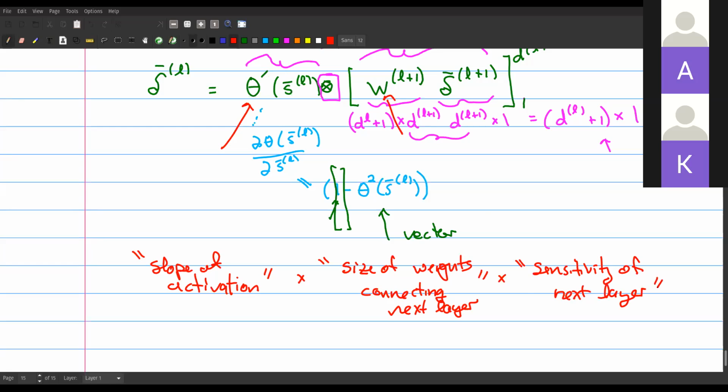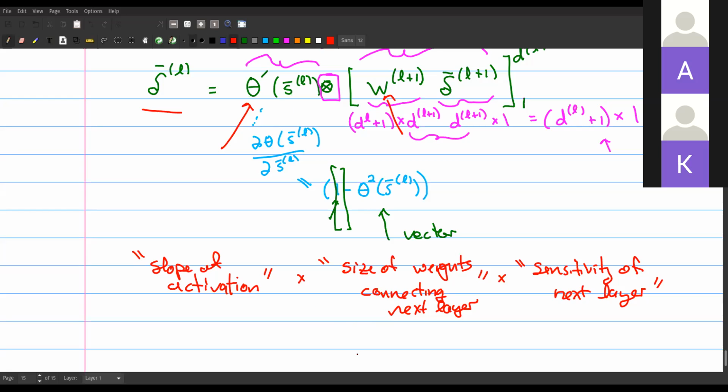Okay. So just as a description of what the sensitivity at layer L should be, this kind of makes sense. It's saying the sensitivity at layer L should be proportional to the slope of the activation function. That's sort of like how the outputs are changing as the weights change a little bit.